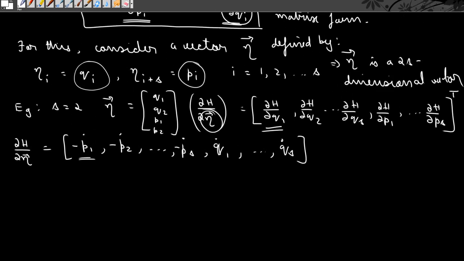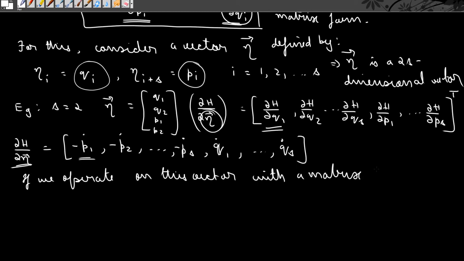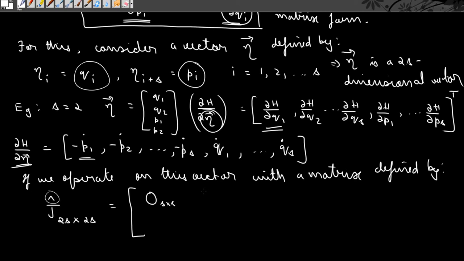Now if we operate on this vector with a matrix defined as follows, I'm going to represent the matrix with a hat and a capital letter J. This matrix is going to have 2s cross 2s dimension, and I define it as having 4 blocks each of s cross s dimension, where 1 represents the unit identity matrix and 0 the null matrix.